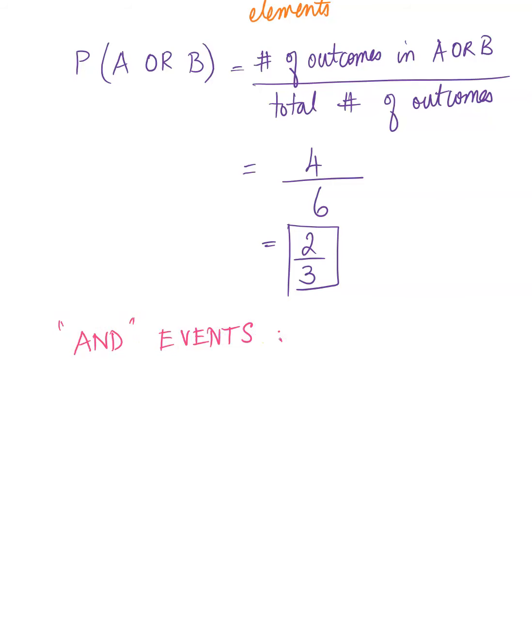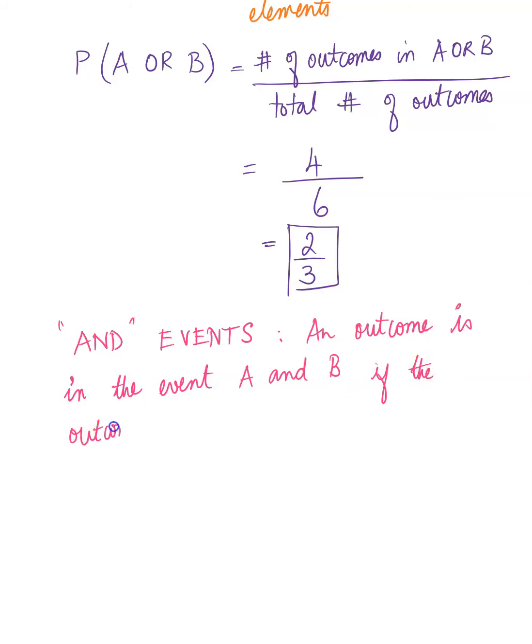So we can describe this as an outcome is in the event A and B, if the outcome is in both event A and B at the same time.